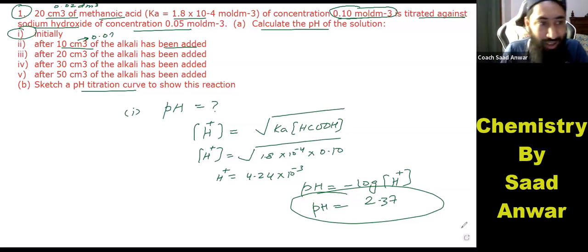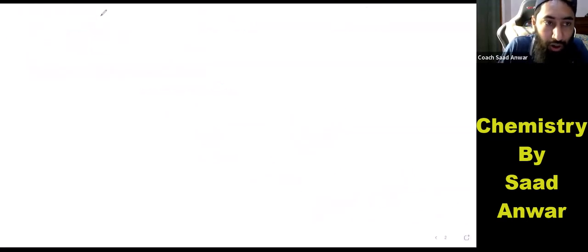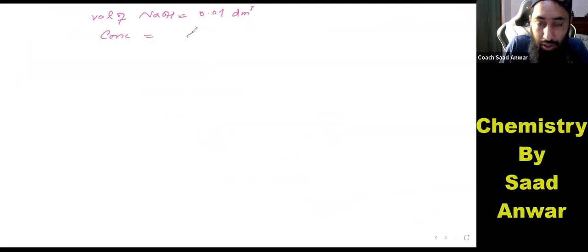Let me try, how can I make it easy? The volume of sodium hydroxide, which is an alkali, is 0.01 cubic decimeter. Its concentration is 0.05 mole per cubic decimeter, given in the question.